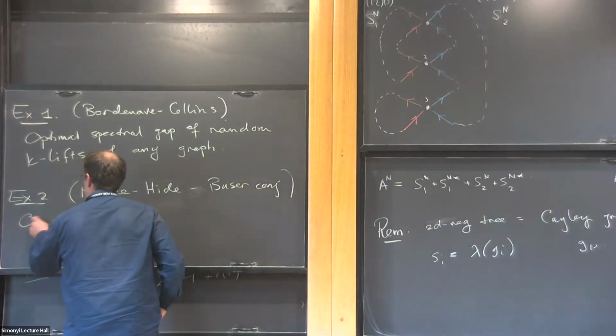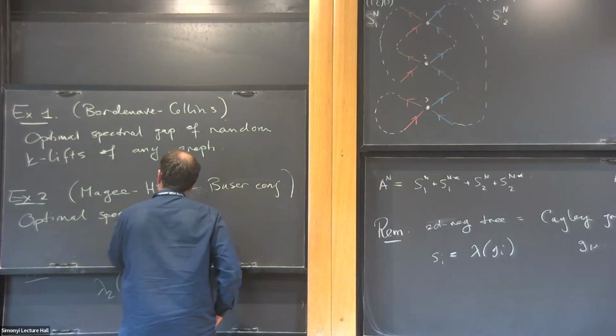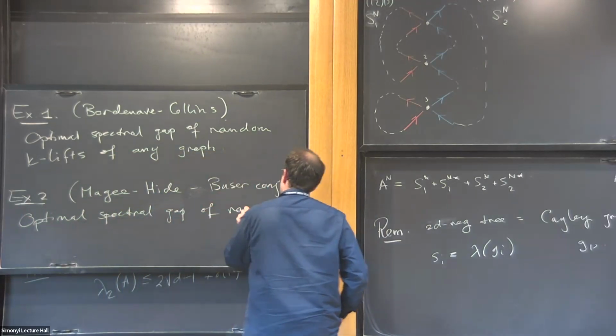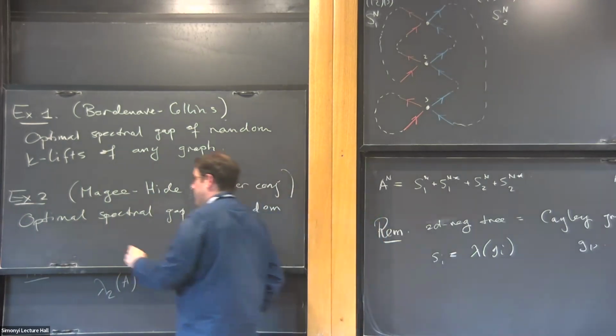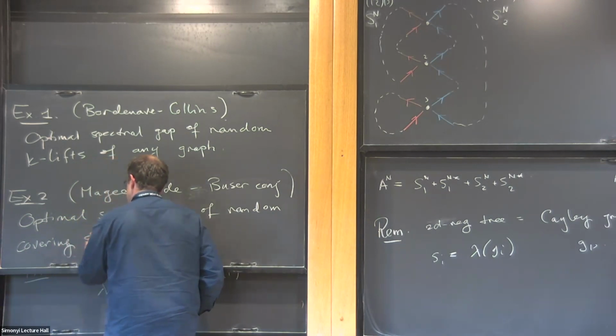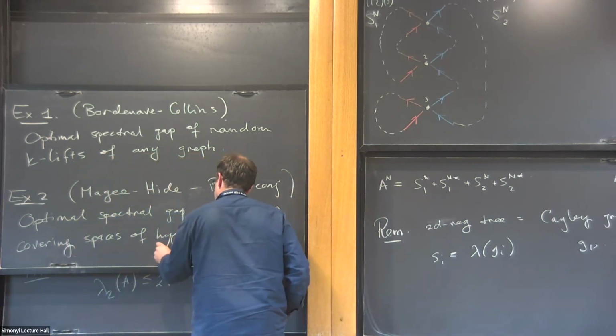So it's about the optimal spectral graphs of random covering spaces of hyperbolic surfaces.